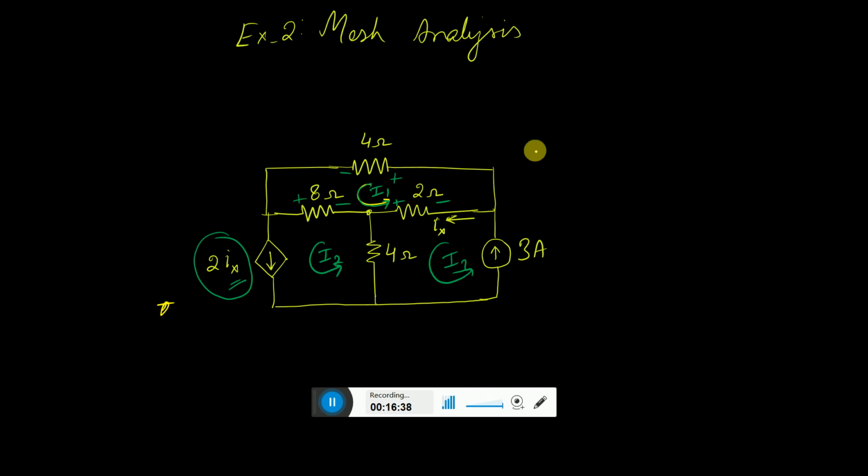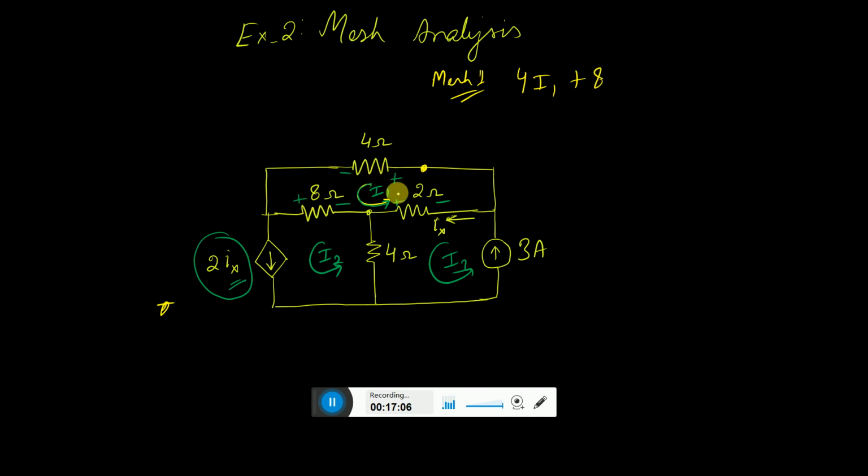After giving the signs, we will start applying the KVL for mesh 1. You need to write KVL and Ohm's law. In mesh 1 we can write starting from here, like 4. So 4 multiplied with only one current, 4 is in one mesh only, so 4I1, that's all. Then we move on, there is an 8, again plus sign.